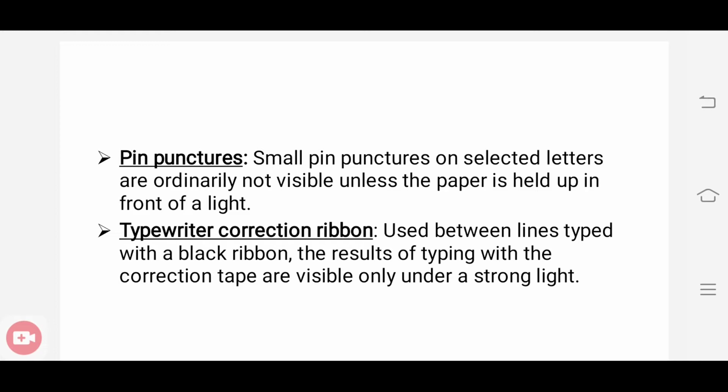Also, we can use a typewriter correction ribbon. These ribbons are used in between the lines. It's a black ribbon, and the results of typing with the correction tape are visible only under a strong light. So all these mechanisms are used for concealing the message, but we can apply some heat, some chemicals or some bright light to make it visible. Okay, these are the steganographic mechanisms.